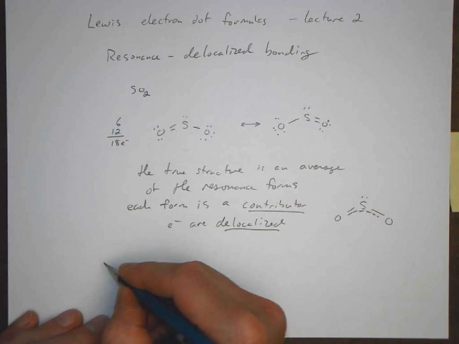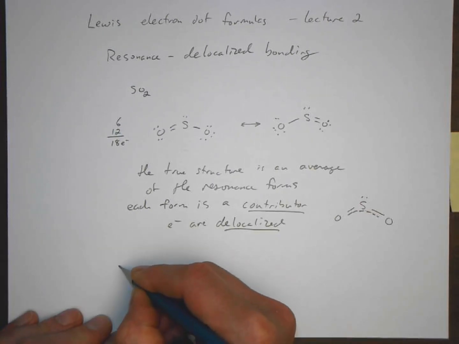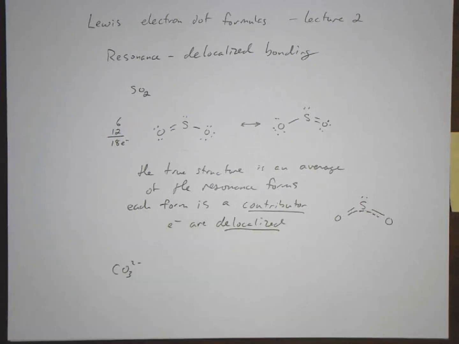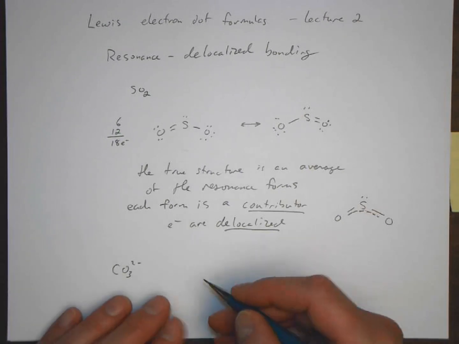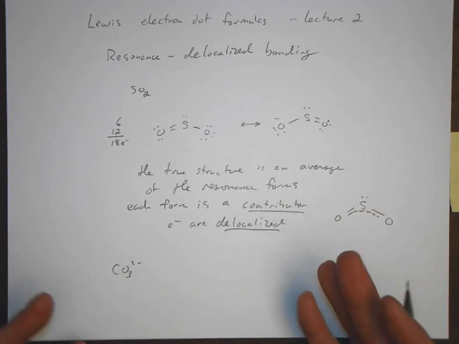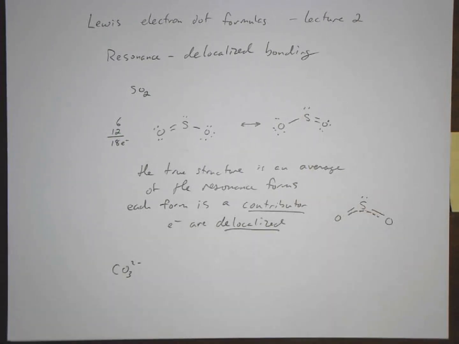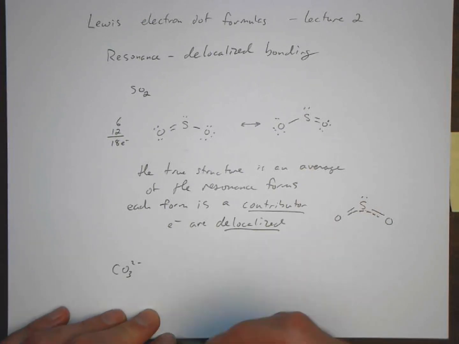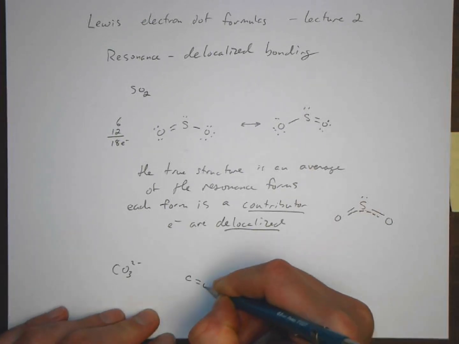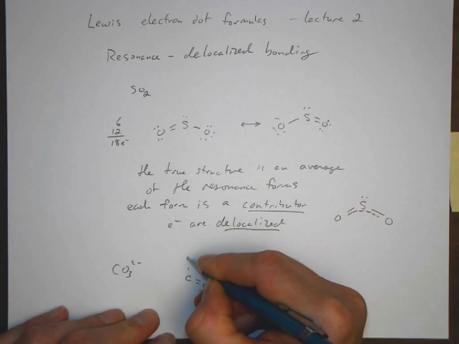Now I challenge you to find the resonance forms on your own for CO3 2-. There should be 3 resonance forms that you would find for that particular ion. You might try pausing the video and drawing them out. But what you'll find is the following.